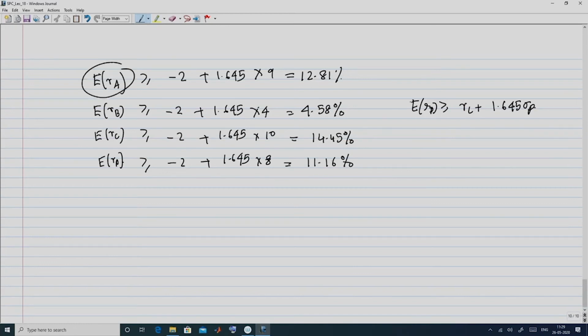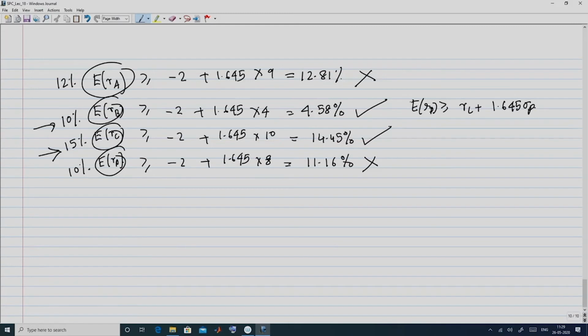Now according to the table, E of RA is 12%, E of RB is 10%, E of RC is 15% and E of RD is 10%. So now observe very carefully, 12% is not greater than or equal to 12.81%, and 10% is not greater than or equal to 11.16%, but 10% here is greater than 4.58% and 15% here is greater than 14.45%.